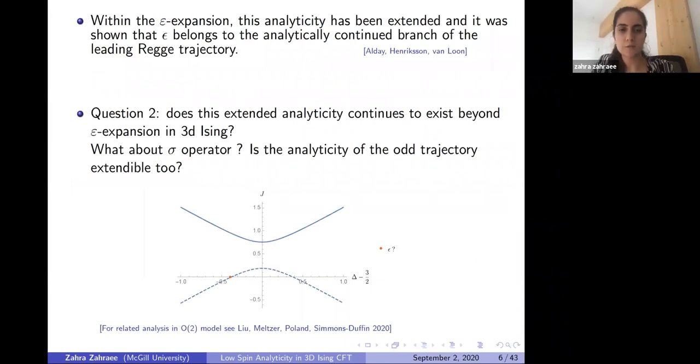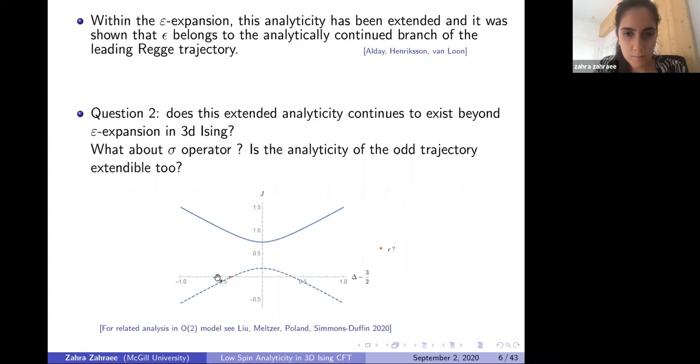So our question is as follows. Does this extended analyticity continue to exist beyond epsilon expansion in 3D Ising as well or not? We can ask the same question about the sigma operator. Is the analyticity of the odd trajectory extendable or not? So that it would include the spin 0 operator, either sigma or shadow.